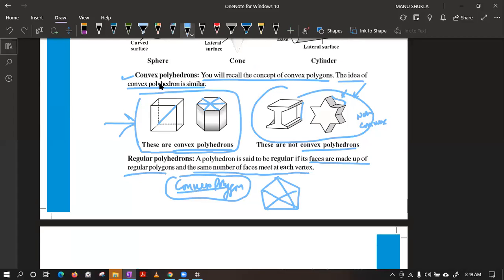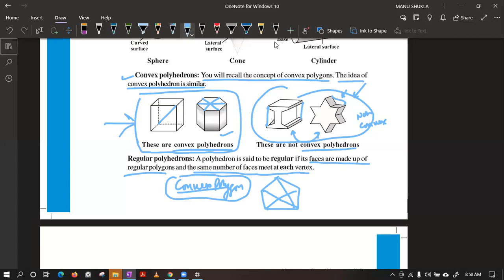Here also, if you try to join two vertices, you will find that the line is coming inside the figure, or you can say no line is going outside the figure. Then we have these two figures. If you join this vertex with this vertex, the line joining is coming outside. That is why it is known as concave polyhedron.